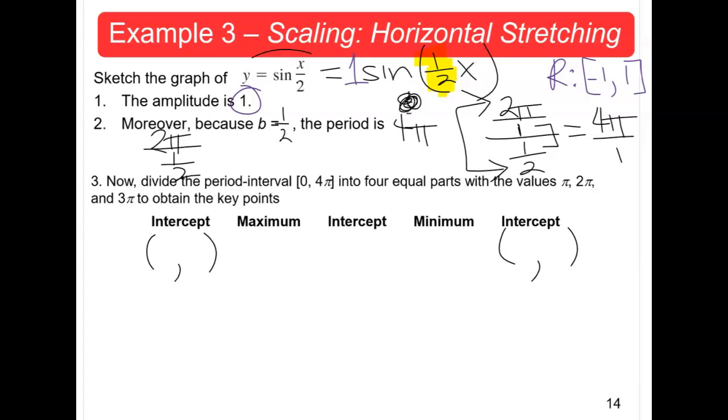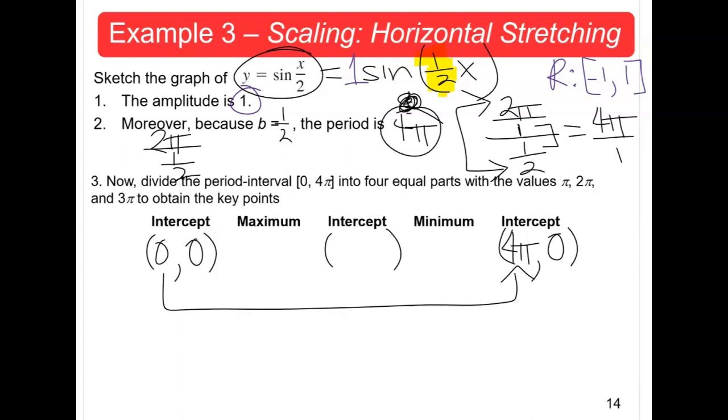Since it is sine and we don't have any horizontal shifting here, I could say that we will start at 0 for x, and then we will end at 4 pi. Why 4 pi? Because that's what we get for one period. What will be the y value of any x-intercept? 0. Now, the second x-intercept, or the one in the middle, will be the half point between 0 and 4 pi, which will be 2 pi.